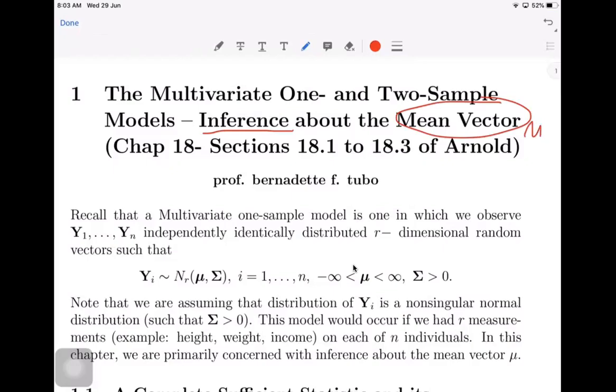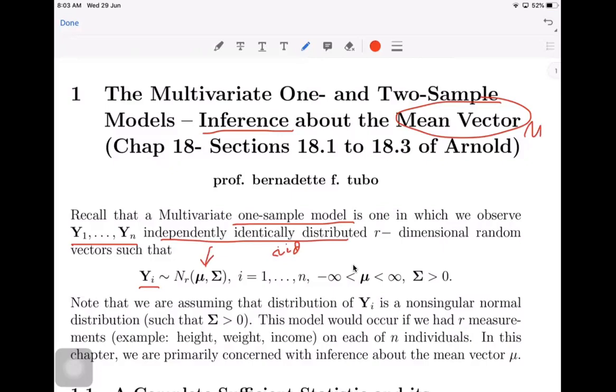So recall that a multivariate one sample model is one in which we observe y1 to yn, independently, identically distributed, so this is IID, r-dimensional random vectors such that each of the yi's is normally distributed with a mean mu and a variance sigma.